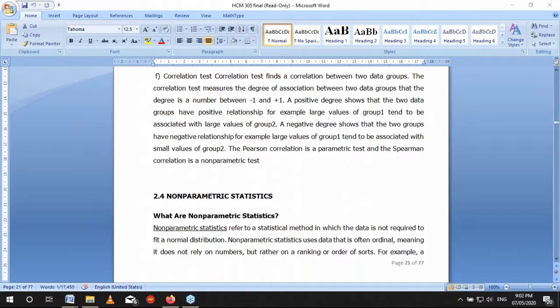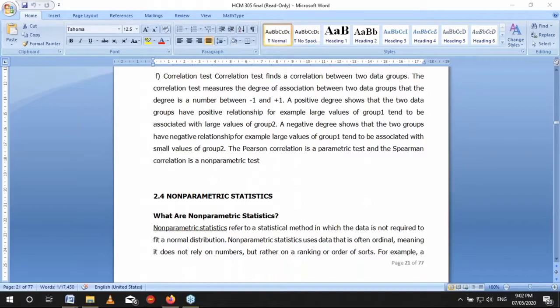So there are some other things that you need to know. You see, we have steps in the research process. But before we go into that, let us quickly understand some research terms.